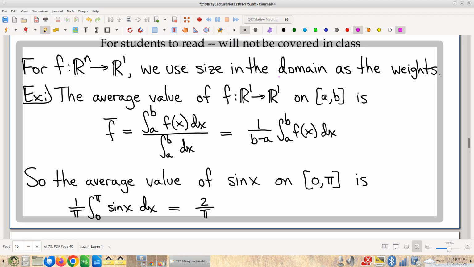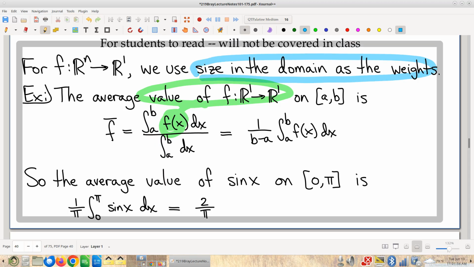But we can do a different kind of addition. We can do an integral. And the big trick is if you want to average the values of a function, you use size in the domain as the weights. So you see here I'm using the dx's in the position where weights are supposed to go. So it's a reasonable extension of the above idea, but in a continuous way.